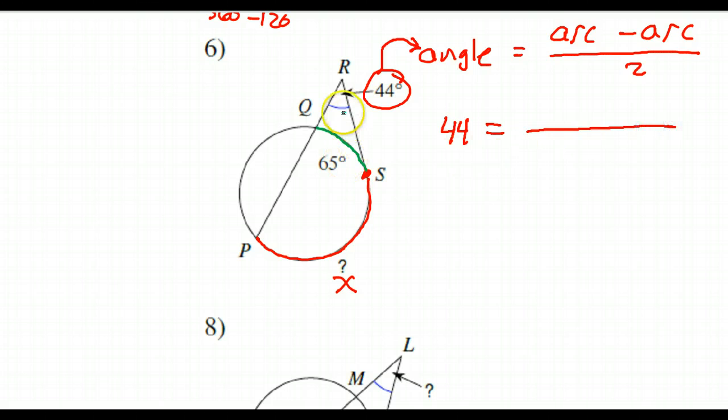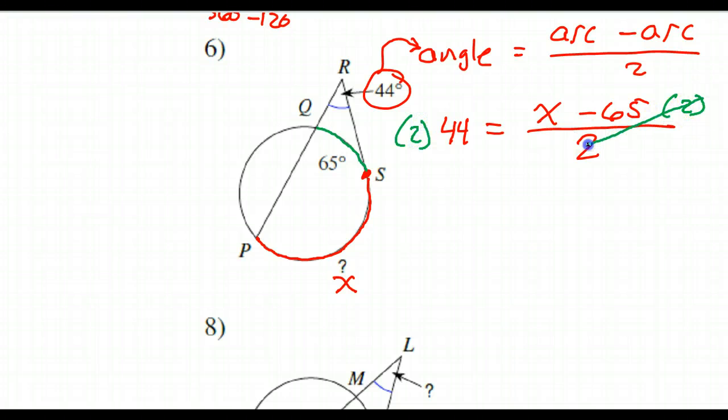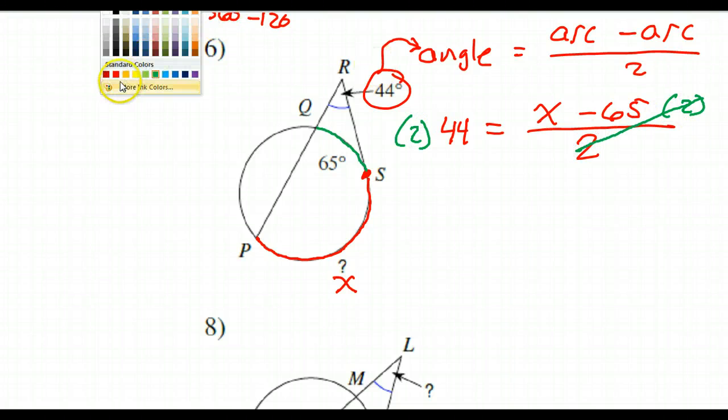So 44, the angle equals arc minus arc, and it has to be the big arc minus the small arc. It had to be x minus 65, not 65 minus x. That would give you a totally different answer. Time to multiply by the denominator. So multiply both sides by 2. Those will cancel each other out.